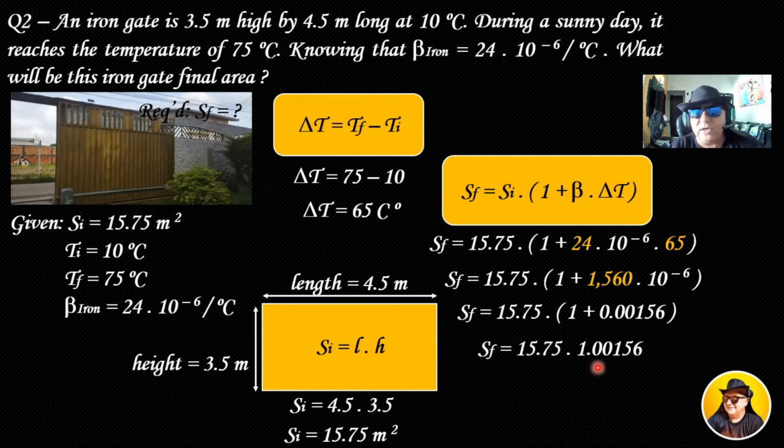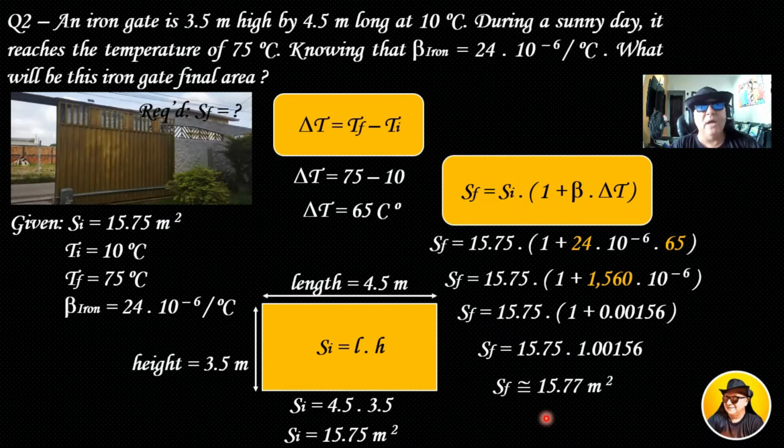Now, to finish my question, I have only to do this multiplication: 15.75 times 1.00156 is about 15.77 square meters. So this is the final surface.